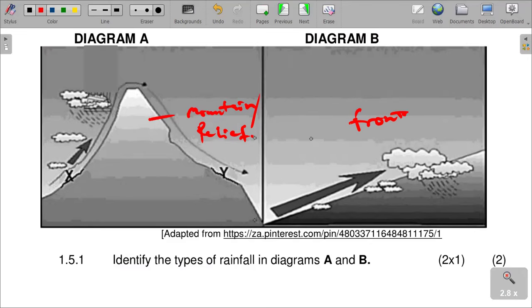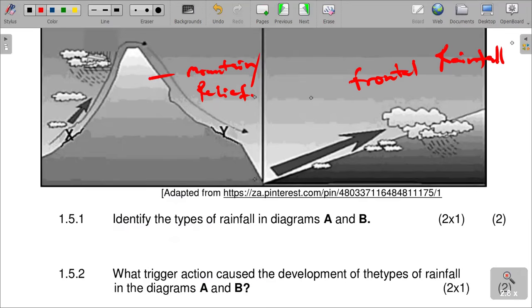We can have a frontal rainfall forming in this case. So now what we need to do is, let's have question 1.5.1, identify the types of rainfall in diagram A and B.